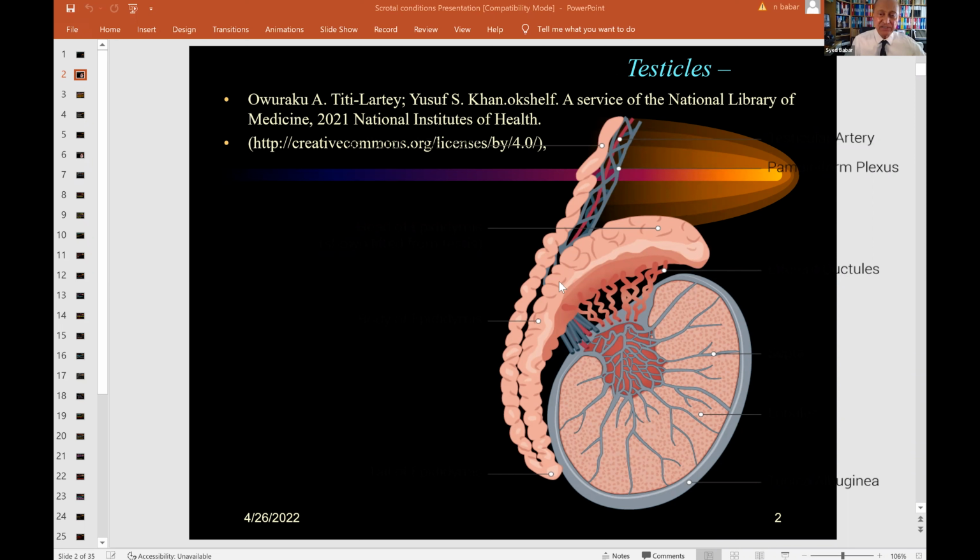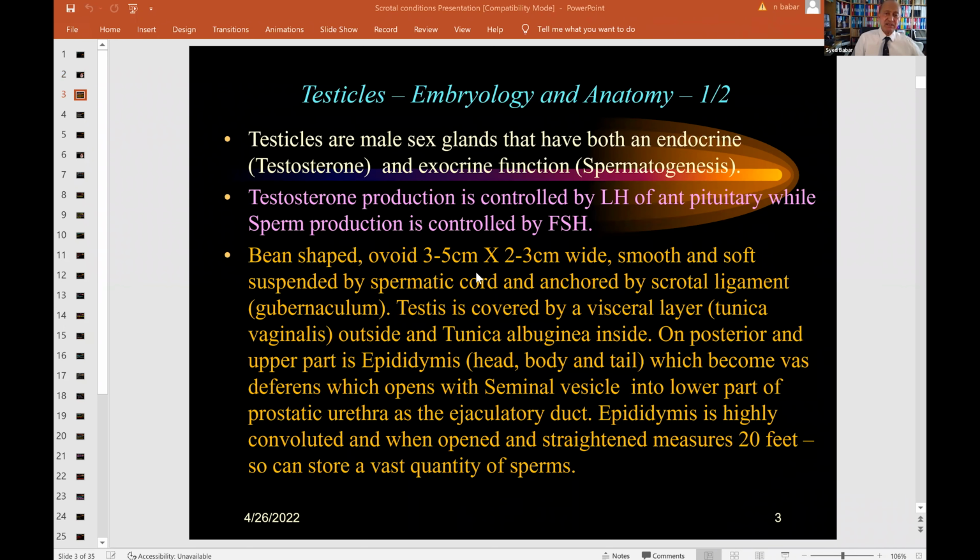It joins the seminal vesicles, which are glands on either side. The swollen part of the vas deferens, joining with the seminal vesicles, forms the ejaculatory duct, which opens into the prostatic urethra. I regret it's a monologue, but it's important to understand this through diagrammatic means.